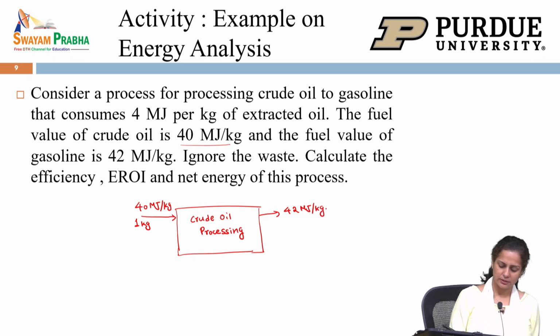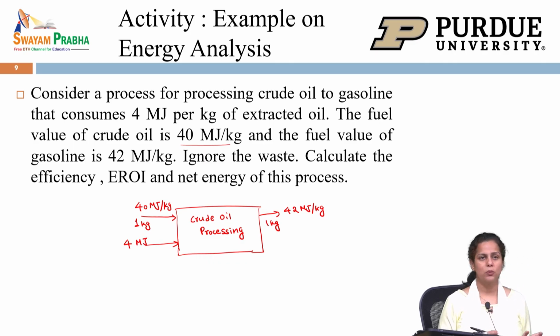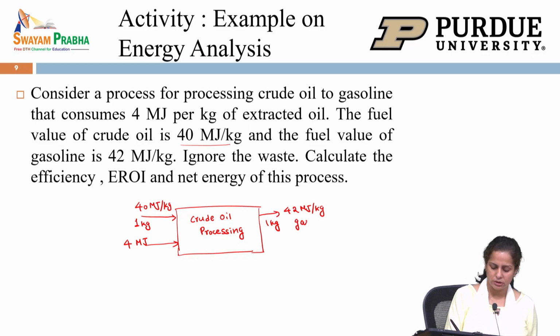So, you enhance the product, and let us assume 1 kg is the output, and the processing energy is 4 megajoule per kg. The processing energy is 4 megajoule because we are processing 1 kg of crude oil into 1 kg of gasoline. So, this is the gasoline which is the product, and this is our crude oil.